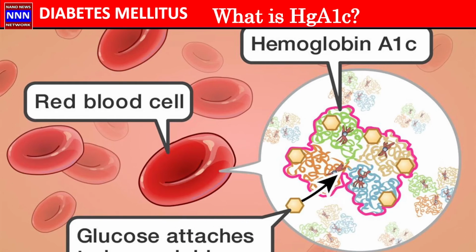When the glucose is attached to the hemoglobin, the molecule inside the red blood cell, the hemoglobin is converted into hemoglobin A1c. So the higher the amount of hemoglobin A1c, the higher is the average blood sugar level.